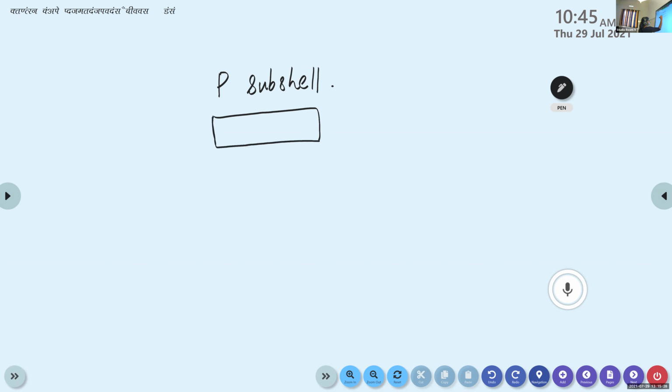I told you the maximum capacity of each orbital is 2 electrons, right? So when you are writing the electronic configuration of carbon, what's its atomic number? 6, right? So we can write its electronic configuration like this.